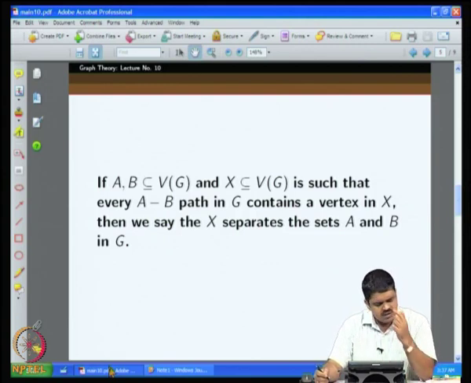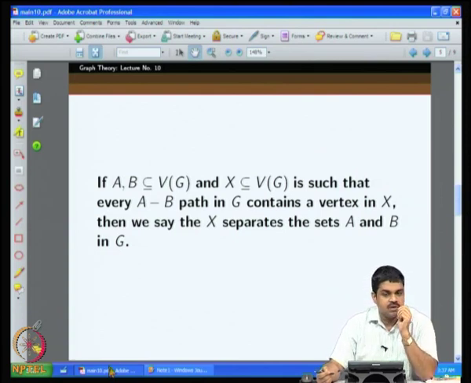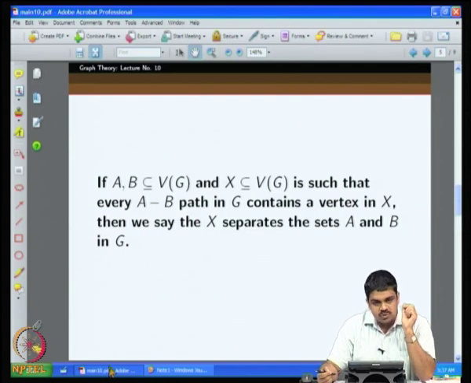We say that a collection of vertices X is such that every AB path in G contains a vertex in X, then we say that this set X separates the set A from B in G. So in other words, given A and B, we are looking for a subset X such that if I remove X from the graph, there won't be any more AB paths in the graph, or every AB path should pass through this X. Then we say that X separates A from B.